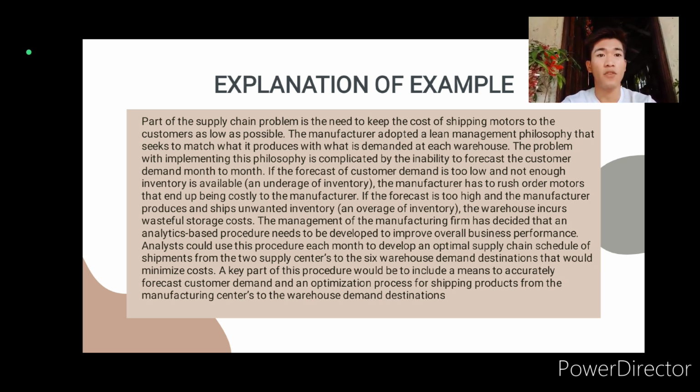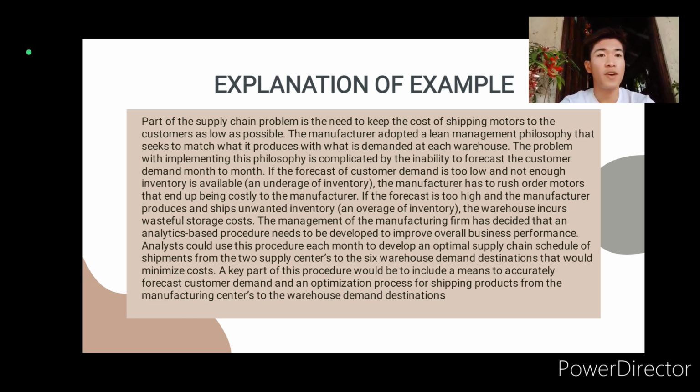If the forecast is too low and not enough inventory is available, an underage of inventory, the manufacturer has to rush order motors, which is costly. If the forecast is too high and the manufacturer produces and ships unwanted inventory, an overage of inventory, the warehouse incurs wasteful storage costs.